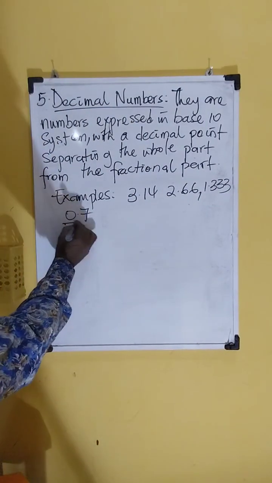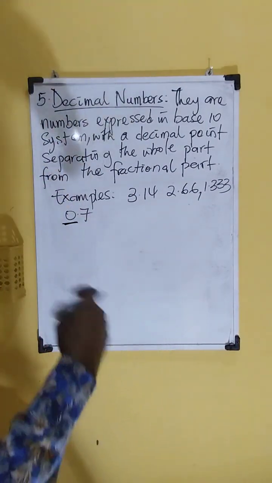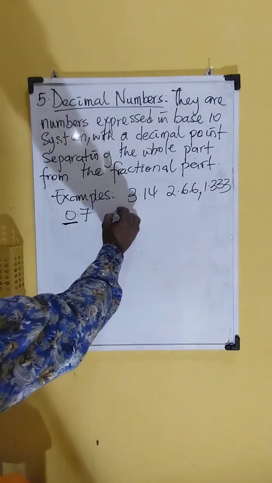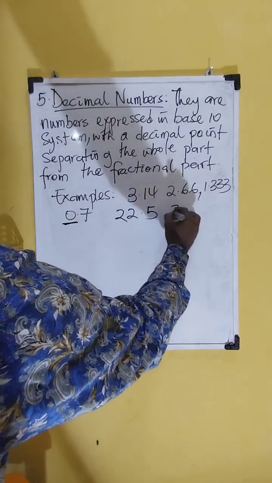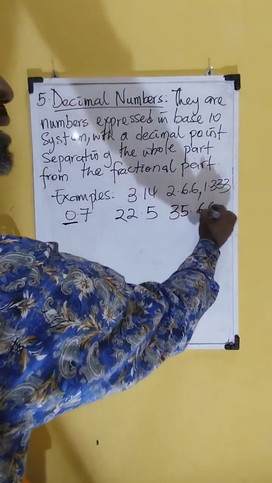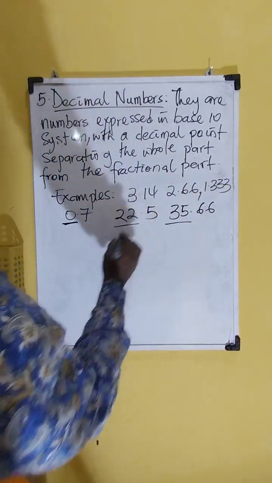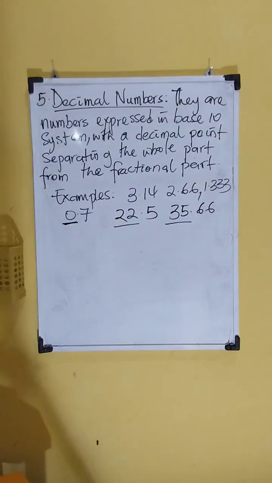This is a whole number. A whole number is an integer. 22.5, 35.66. This is the whole number, this is the integer, separated from the other part of the number with a point or a dot. Did you all get that?